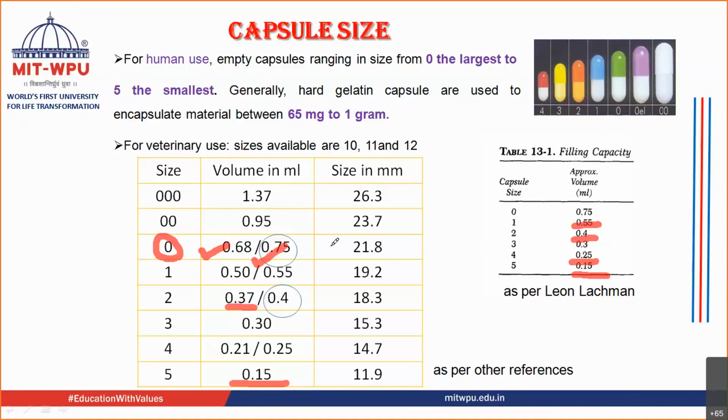You can open your mic and tell me, or write it in the chat box. My next slide is dependent upon that, that's why I'm asking this question. If the size of the capsule is 000, how many grams or milligrams of material can be filled in this capsule? What will be your answer, please?